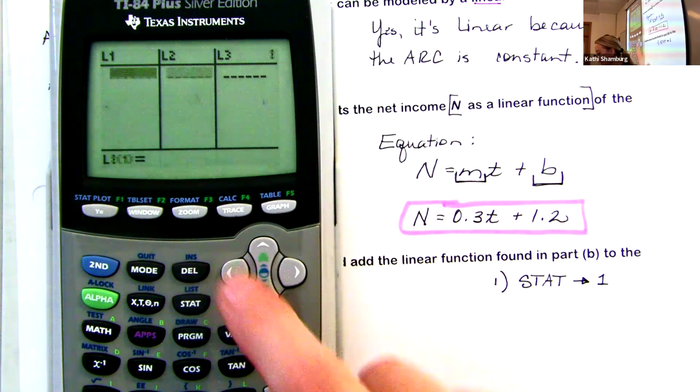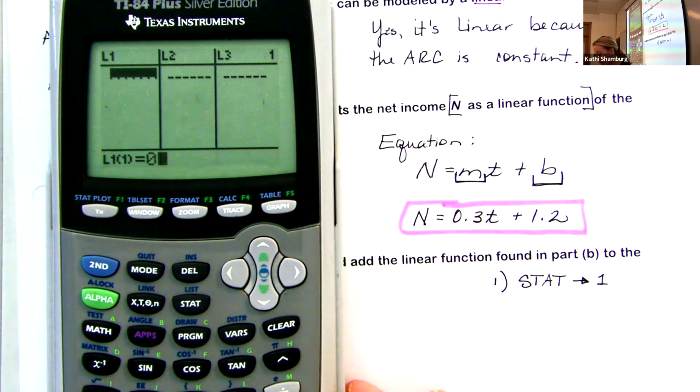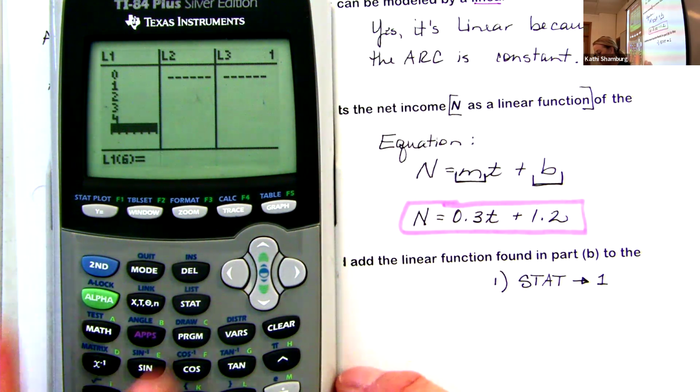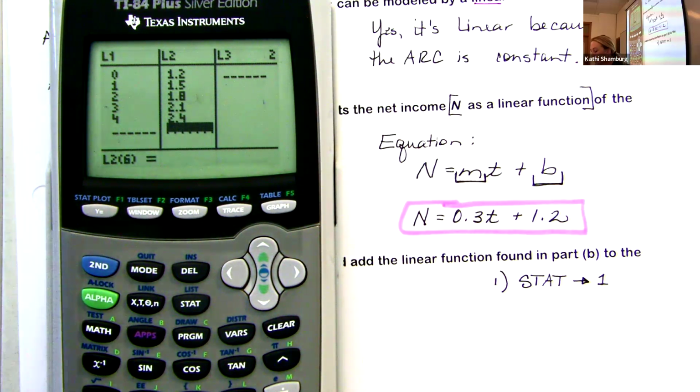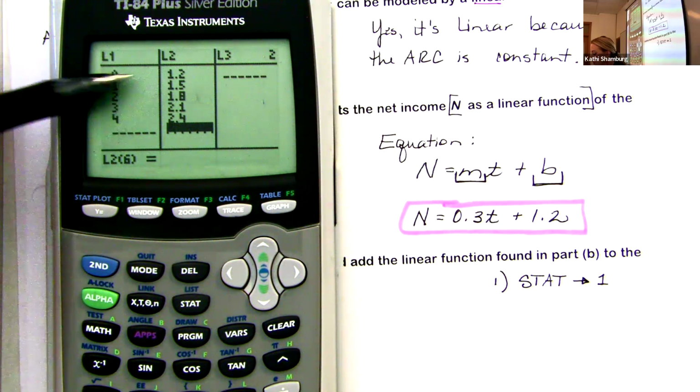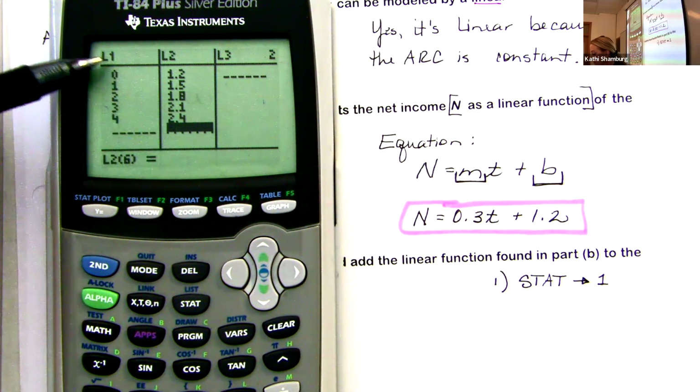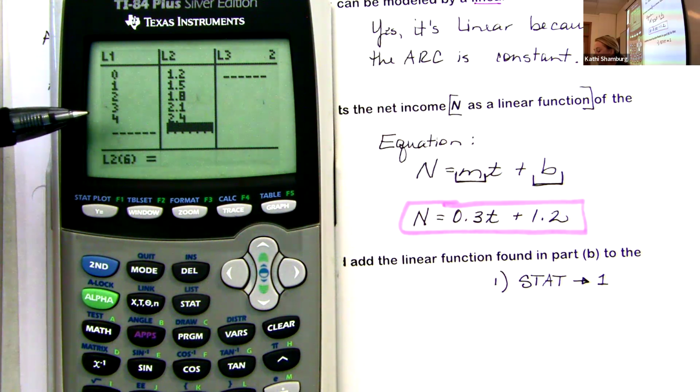Okay, so then I'm going to go back in and then list 1, 0, 1, 2, 3, 4. List 2, 1.2, 1.5, 1.8, 2.1, 2.4. Now, quickly look at it and make sure that you have the exact same numbers, and that both lists have 5 numbers is what I'm trying to say.